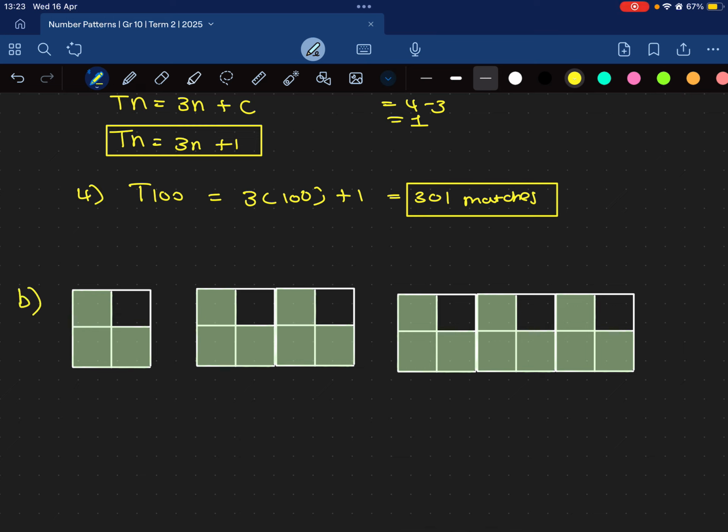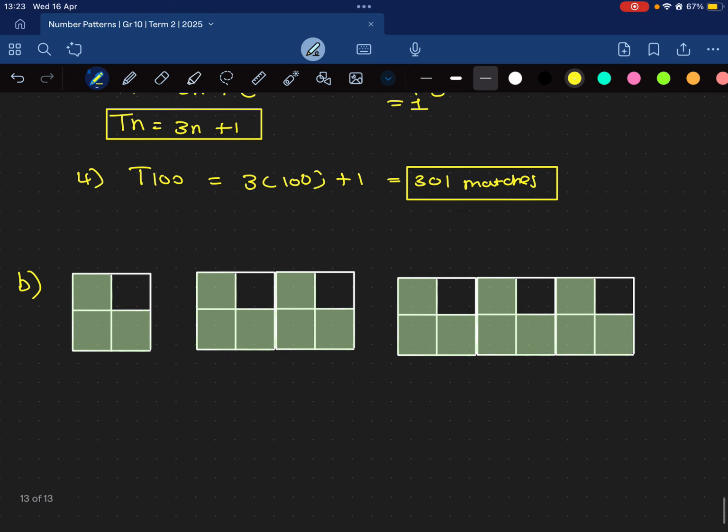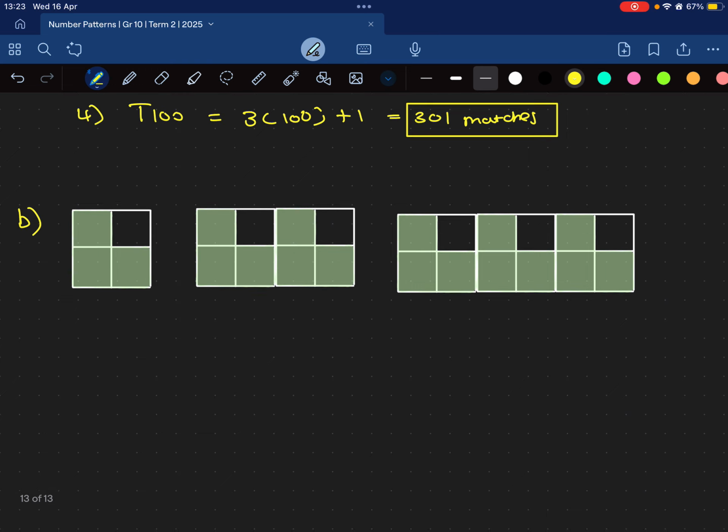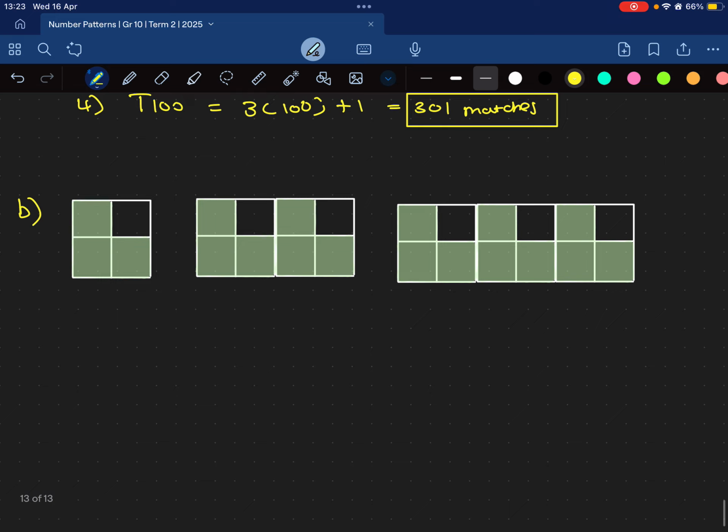Then B, I've drawn the squares already, so again, make sure you've drawn in the squares. It says in each diagram below, there are shaded squares and white squares. Determine the number of shaded squares in diagram 300. First we need to find Tn, and in order to find Tn, we first need the number pattern.